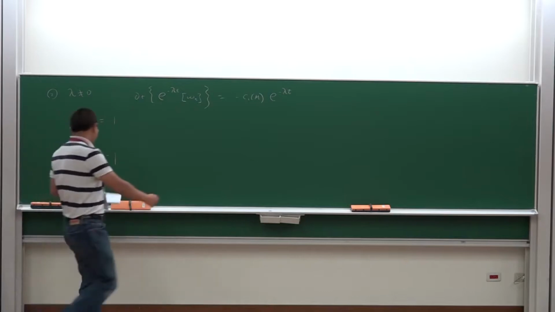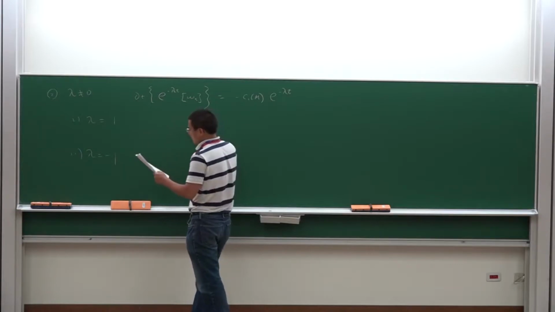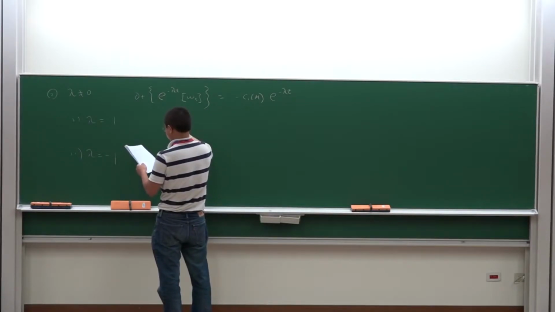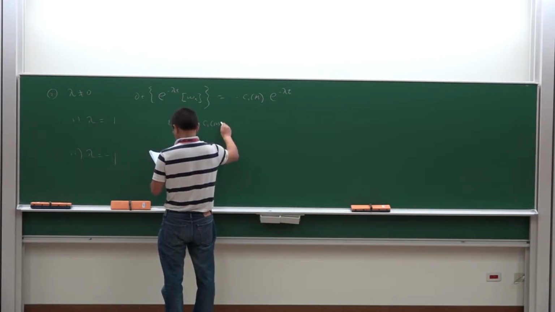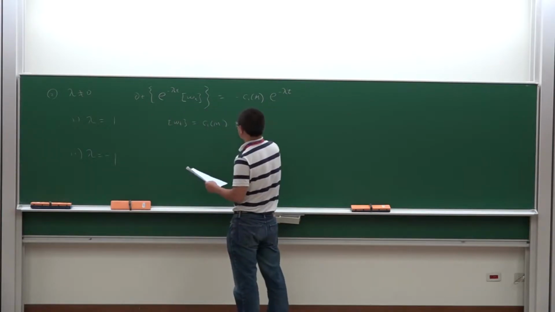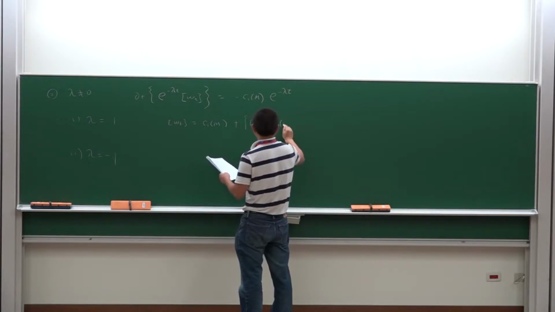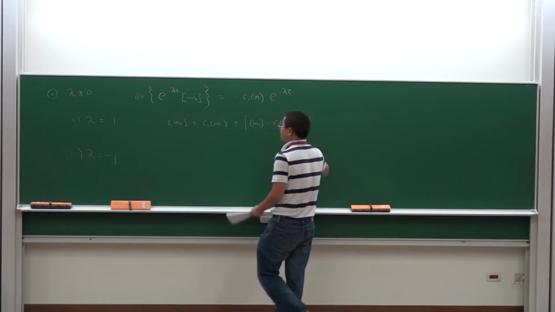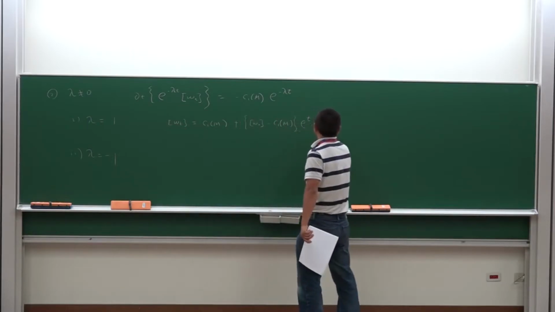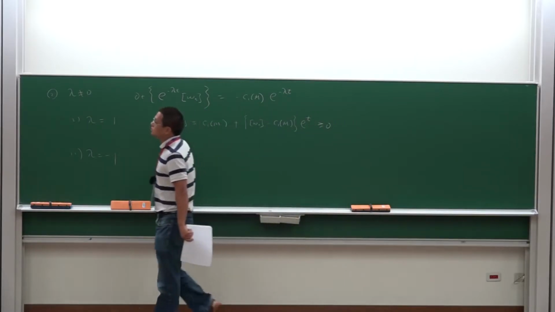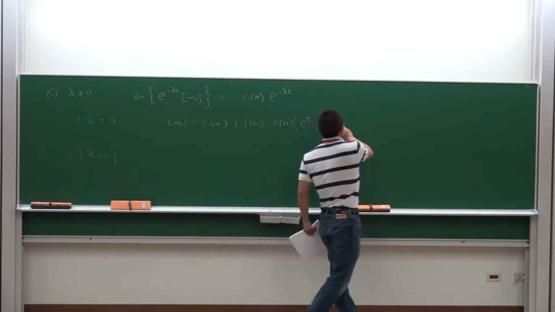So in the first case, lambda equals 1, we can calculate that this omega t is c1 plus omega 0 minus c1(M) e to the power t. This means omega t, according to our assumption, is a smooth solution, so this is greater or equal to 0 for every t.